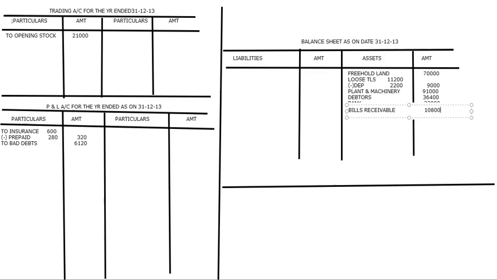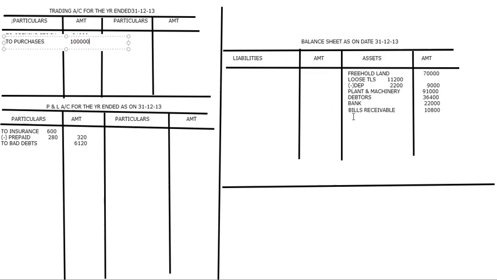Next he gave purchases. Purchases, I said, we are going to take in the trading account. So to purchases, and we don't have any returns, ma'am, so I'm taking directly 1 lakh. Then after purchases he gave cash in hand.